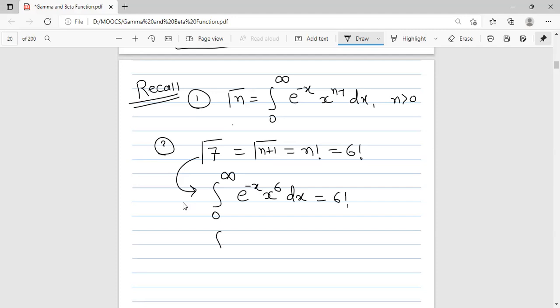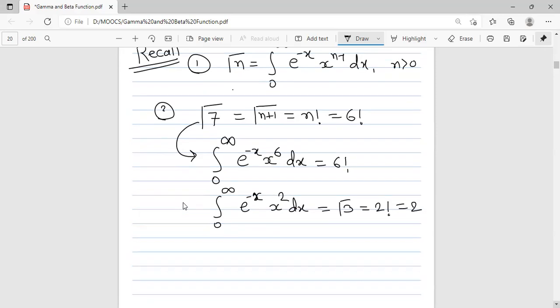Means if I have the integration of e raised to the power minus x into x square dx, directly we are getting the answer as gamma 3. And gamma 3 is nothing but 2 factorial, so the answer is 2. This is the beautiful thing, and directly we are getting the answer for this type of improper integral.